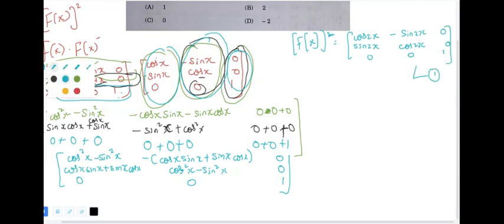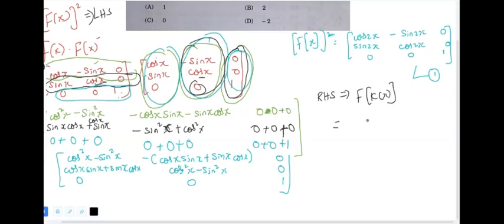Now we'll simplify the other side. This what we have solved is your LHS. So now we'll be solving RHS, the right hand side. The given right hand side is f of k into x.